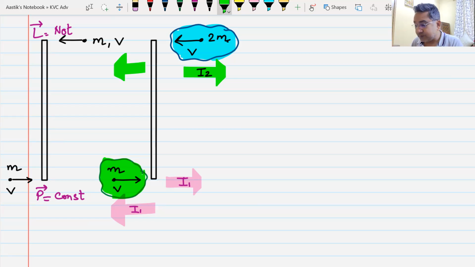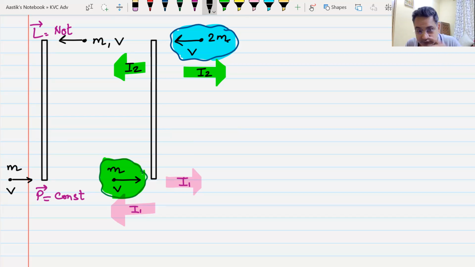So this rod gives a slap to the ball and also gets a slap from the ball. So the individual momentum of this ball is not conserved. Yes or no? Yes, sir.